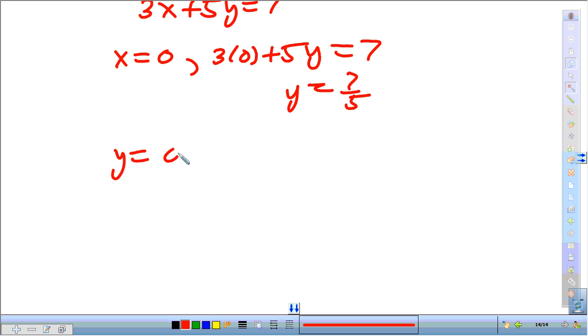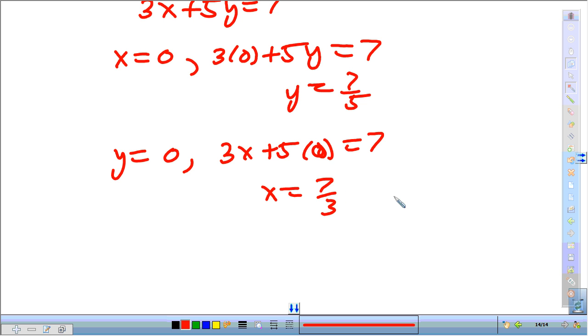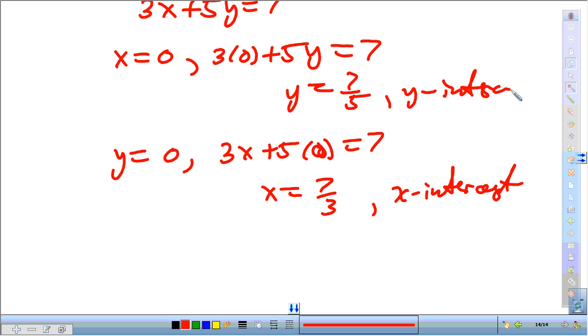We could take y equals 0, get 3x plus 5 times 0 equals 7, and get x equals 7/3. So we get the x-intercept. So we can work on slopes, points on a line, different types, but we could also look at the intercepts as 2 of the points.